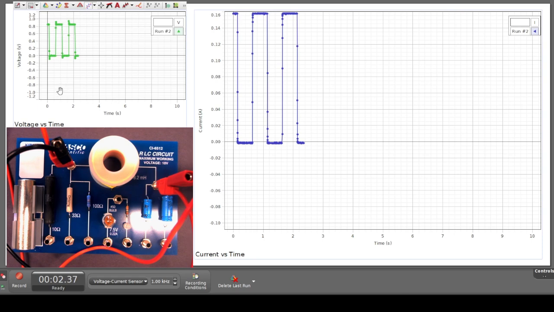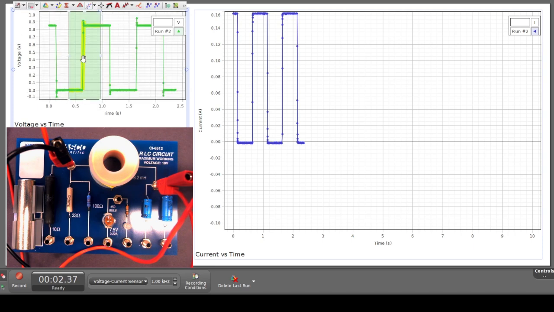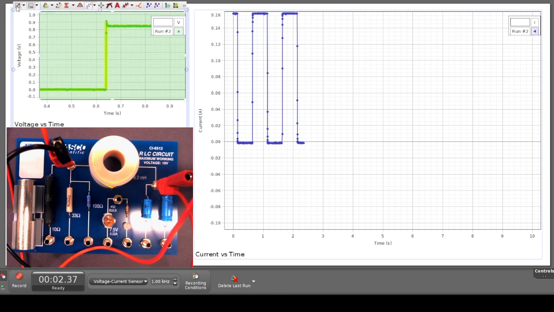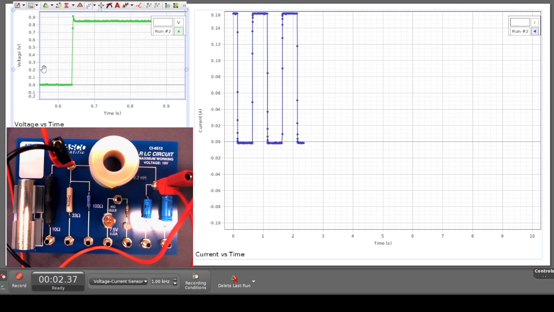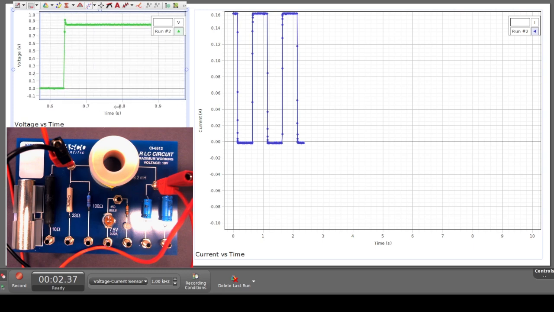Looking at the voltage, let's zoom in a little bit on this voltage so we can see what's going on. You can see that indeed there is a bit of cycling going on, and that it doesn't just go to the peak here. It peaked up, and then it pushed back against it.